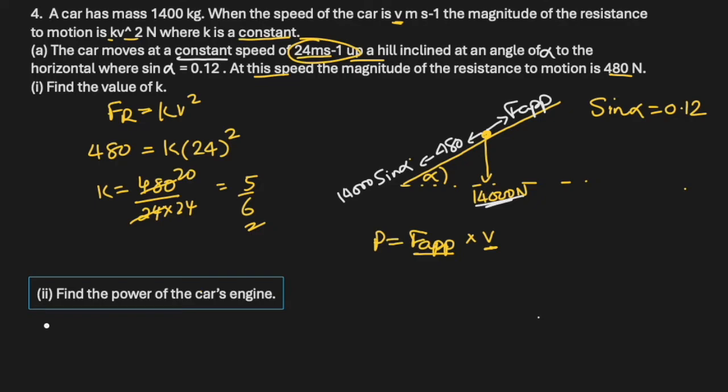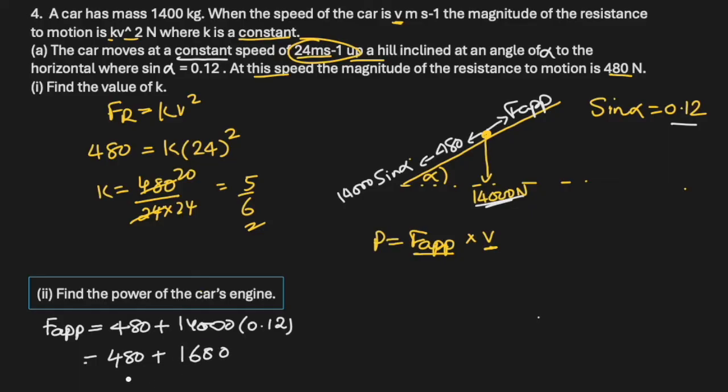So let's find the applied force from that: 480 plus 14,000 sine alpha, and the sine alpha value is given, 0.12. So that will be 480 plus 1680, which comes out to be 2160 newtons.